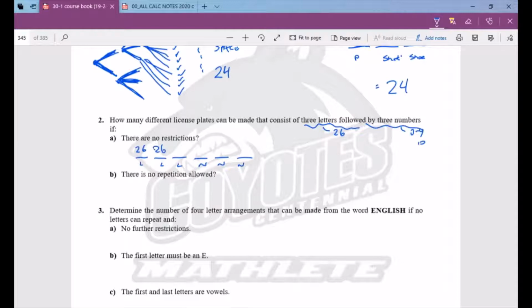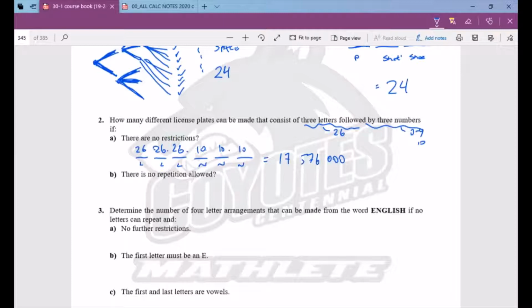Once you've figured out what that first letter is, we have 26 choices for the next letter. Then for the third letter, again we have 26 choices. For the numbers, in each slot we have 10 choices. So when we multiply this out, this ends up being this huge, massive number, 17,576,000 different license plates that we can make that go letter, letter, letter, number, number, number.